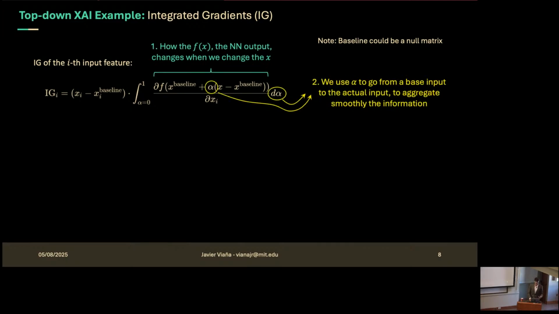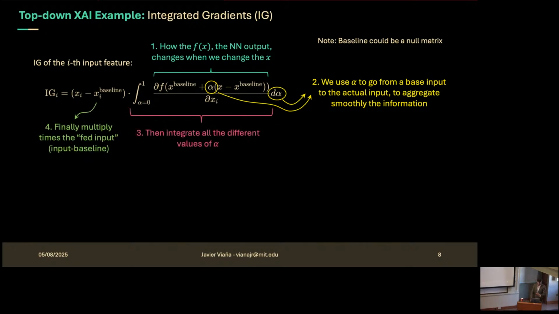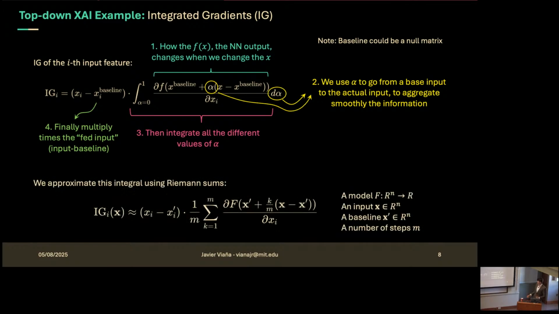That is a way of smoothing out the possibilities that you can get. You use that coefficient alpha to go from the base input, which could be a null matrix or a null input, all the way to the one that you're looking at. Anyway, if you simplify it, you have to multiply by the input. And with the Riemann sums, you end up with a simplification of this formulation.